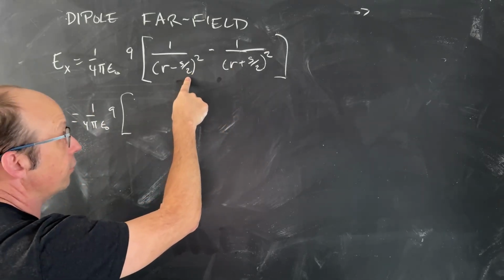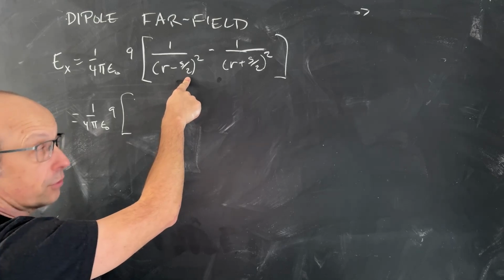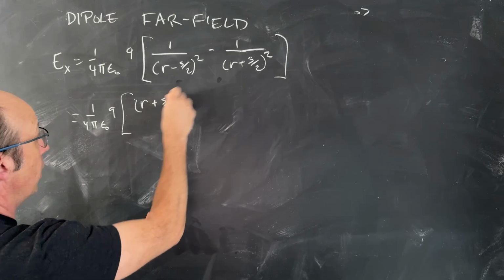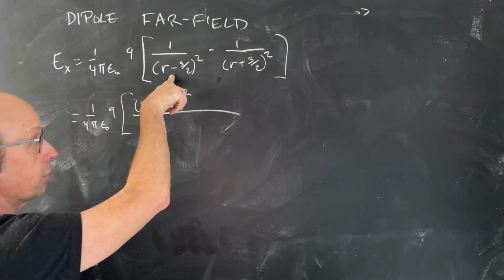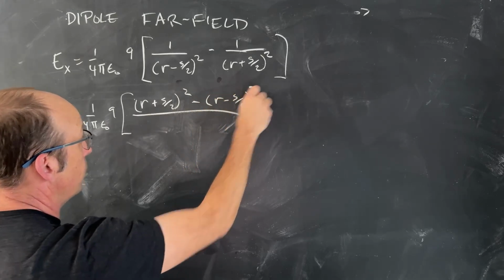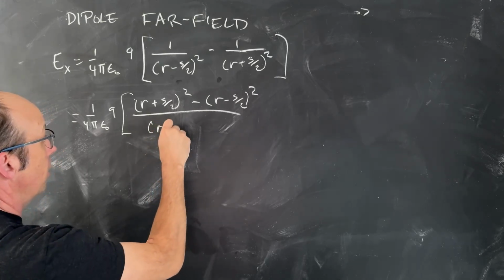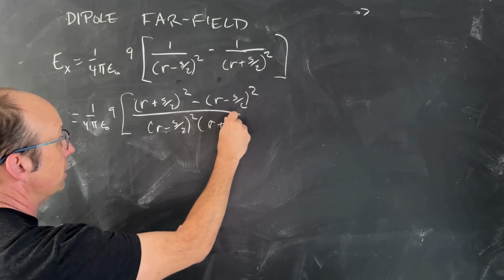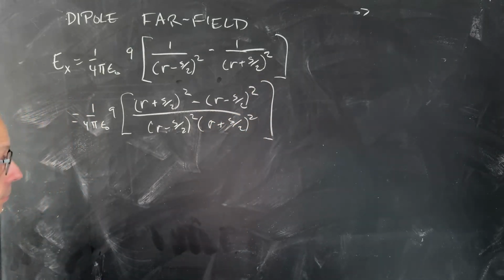So I'm going to multiply this fraction by r plus s over 2 squared, r plus s over 2 squared. So on the top, I'm going to get r plus s over 2 quantity squared. And then over here, I'm going to multiply this by r minus s over 2 squared. So I have minus r minus s over 2 quantity squared. And then on the bottom, I have the common denominator of r minus s over 2 squared times r plus s over 2 squared. Again, no approximations.